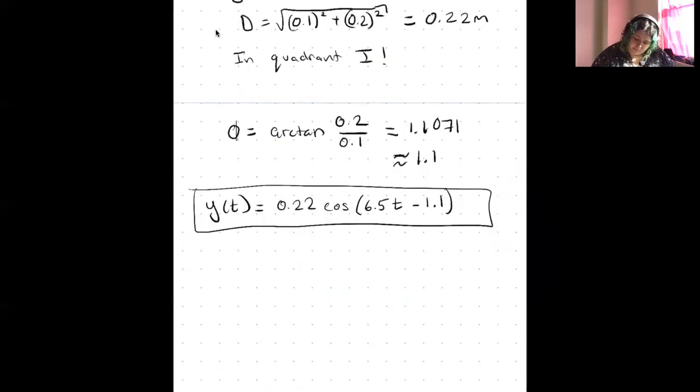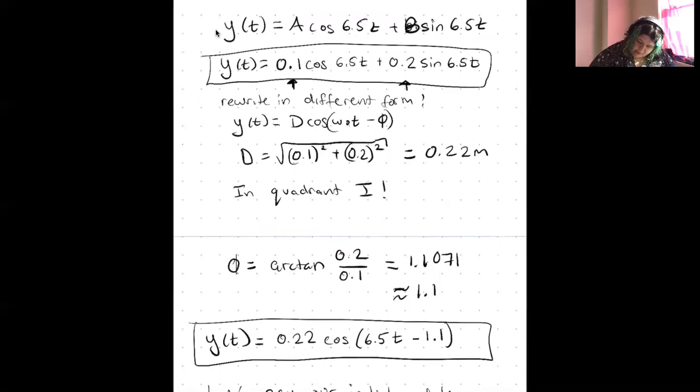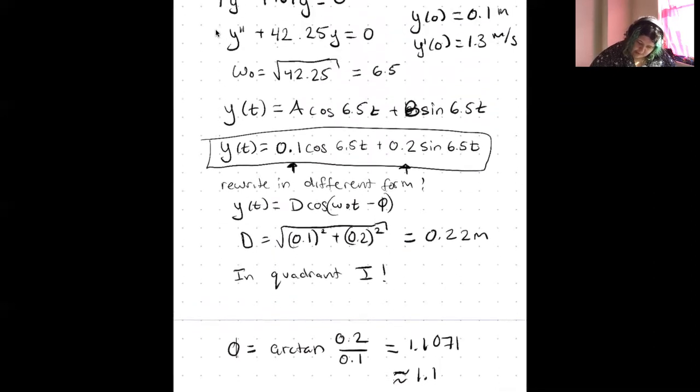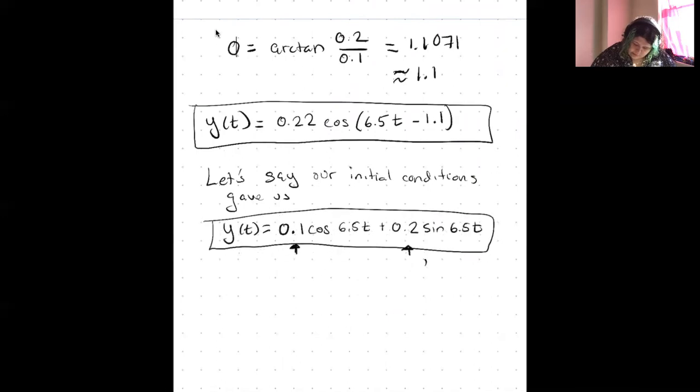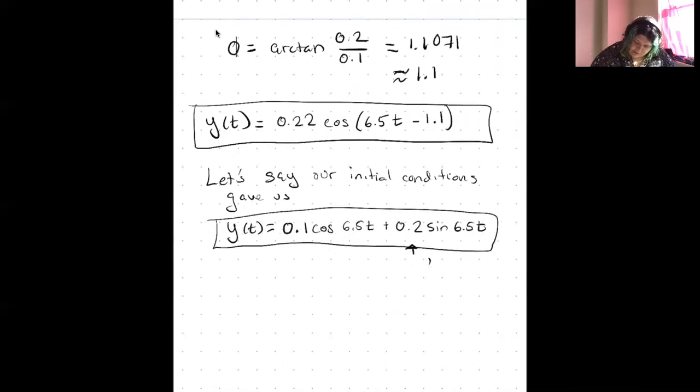Just to do one more quick example, let's say our initial conditions gave us something kind of similar to what we had, but I'm going to change one of the signs so that we're in a different quadrant.